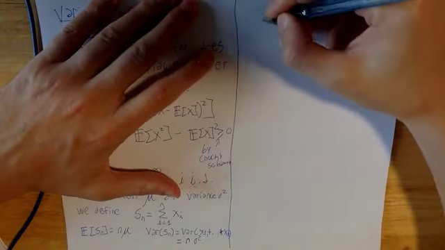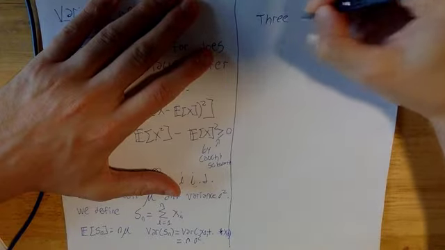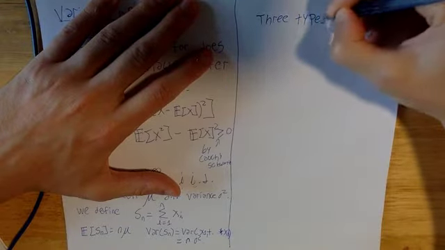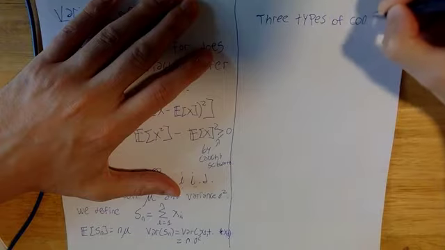So one of the things that we'll be looking at is the three types of convergence.